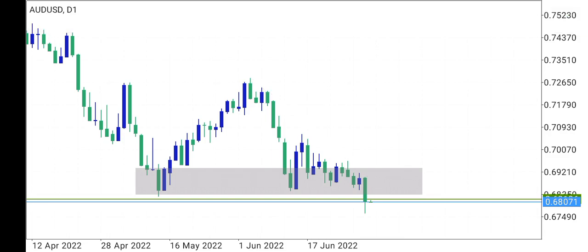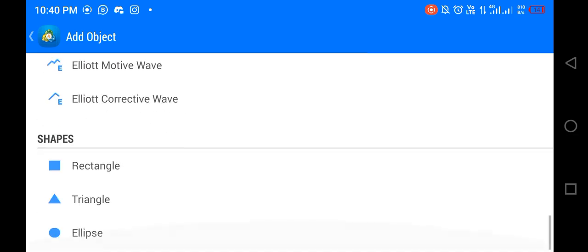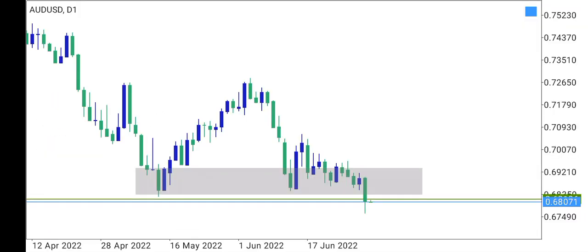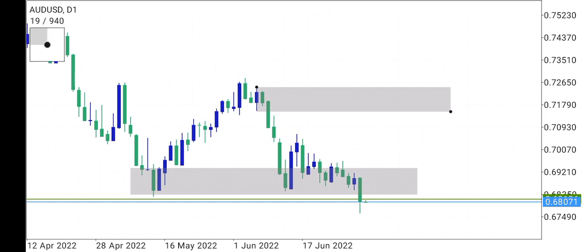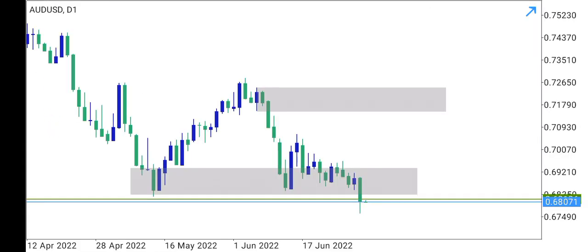I don't need a 15 line. Let me just use support and resistance. So what we'll be looking for is a bullish trend. But we'll wait for it.